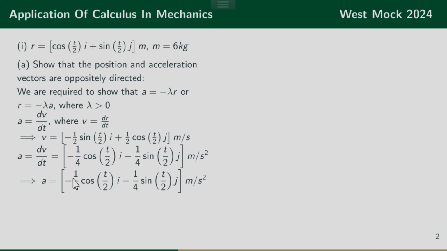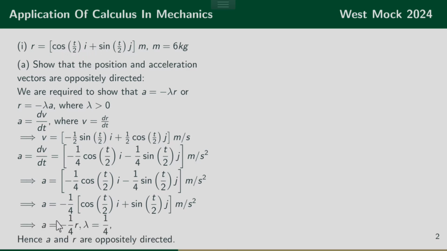Now notice that negative 1/4 is common to these two terms. So I can factor out negative 1/4, and I have a equals negative 1/4 times cos(t/2) i plus sin(t/2) j meters per second squared. Now, if you compare this expression inside the bracket with the position vector, you will see that they are identical.